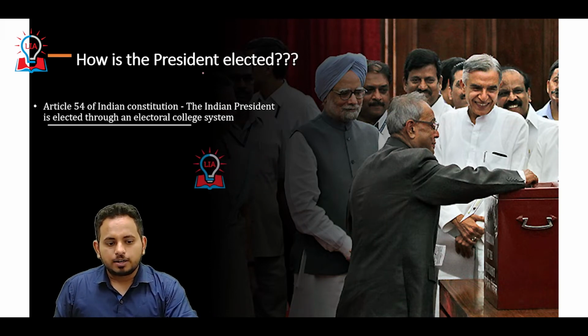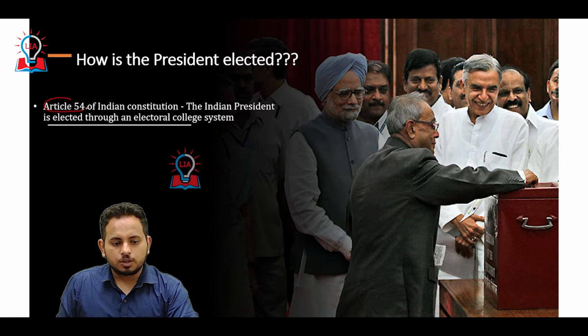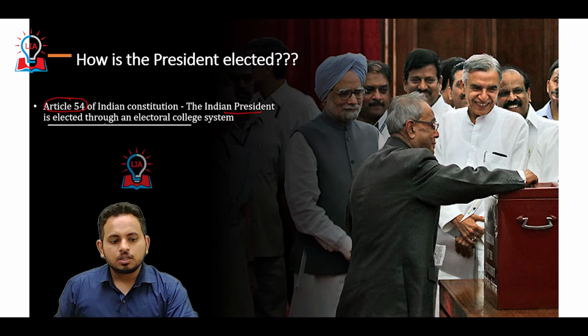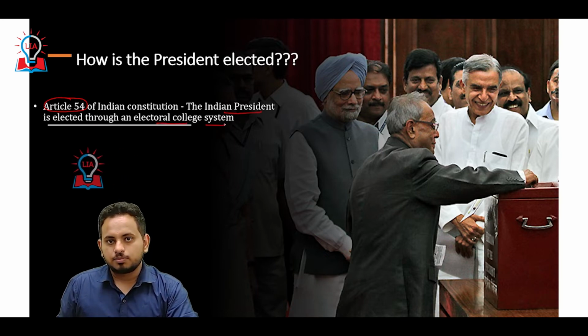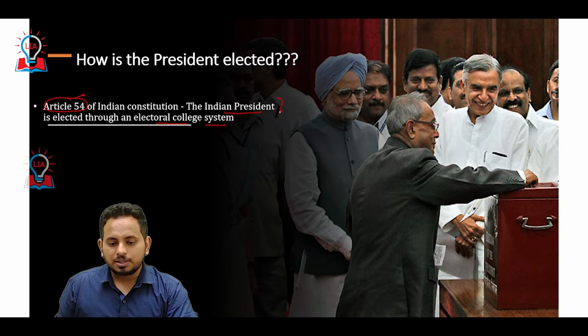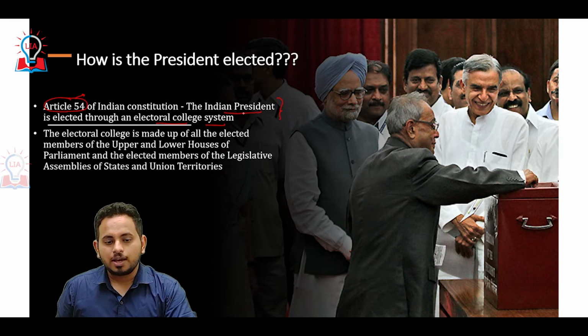Let's try knowing it. Article 54 of the Constitution says that the Indian President is elected through the electoral college system. Article 54 of the Constitution defines how the President has to be elected. And what is the meaning of this electoral college?